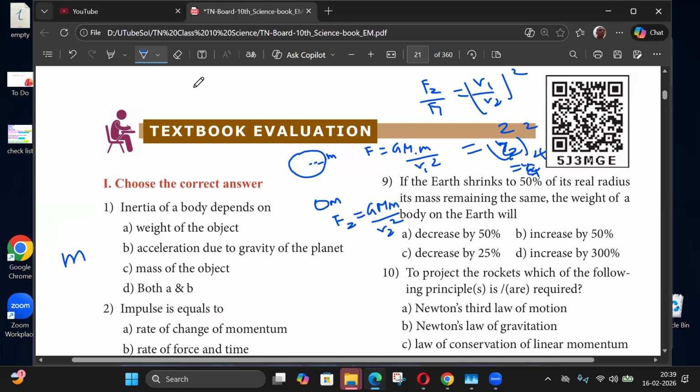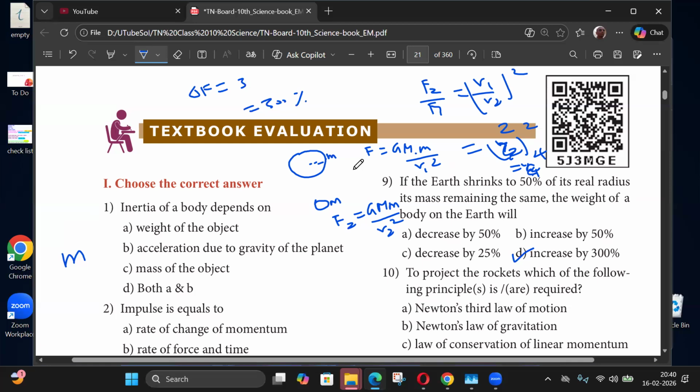So the change in the force is three times. So in percentage it will be 300. Okay. Check the answer. Correct answer, sir. Option D.